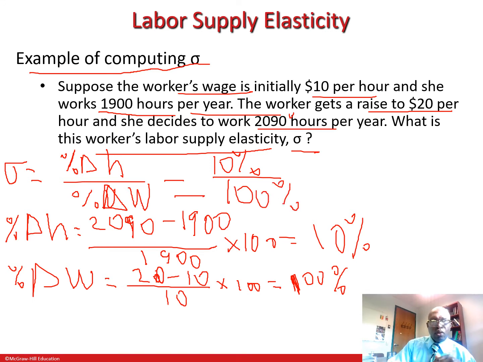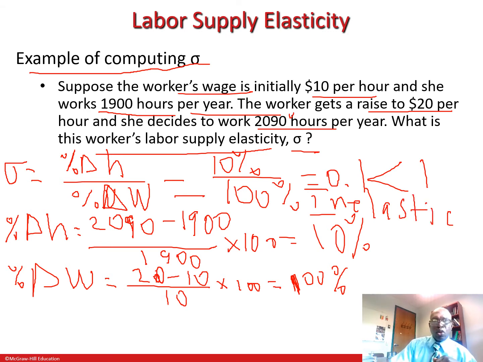So 10 divided by 100 is 0.1, which is less than 1, so it's inelastic, meaning that the percentage change in the wage rate, which is 100%, is greater than the percentage change in the hours worked, which is 10%. Therefore, in this case, the substitution effect would dominate the income effect.